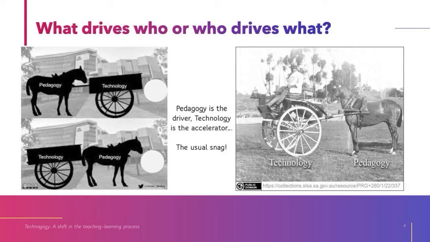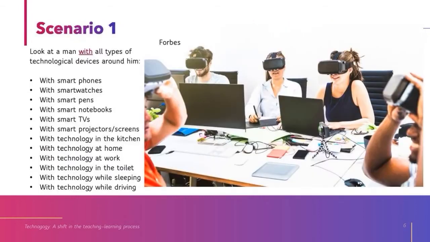So let's look at this scenario. Two scenarios. We have scenario 1. Next slide. Okay, so this is scenario 1, and I want you to look at a typical man in Nigeria or in Africa or in our world today in this 21st century. A typical man will have smartphones with him, we have smartwatches, also we have notebooks and smart TVs and smart projectors and screens.